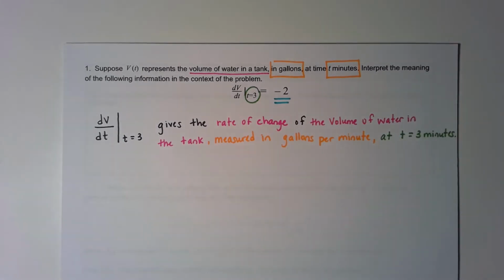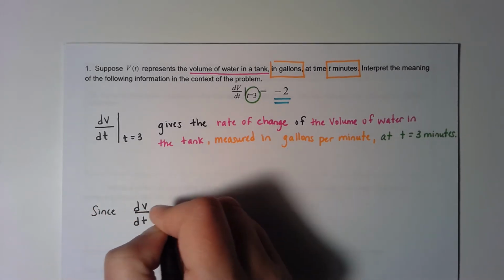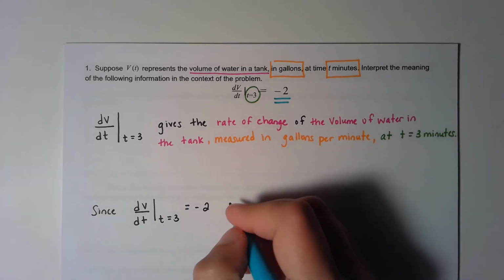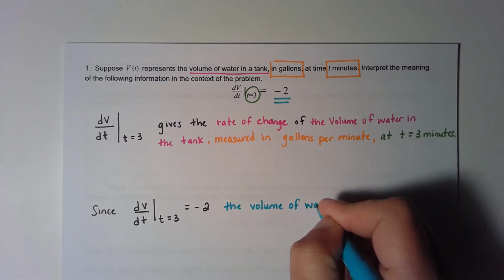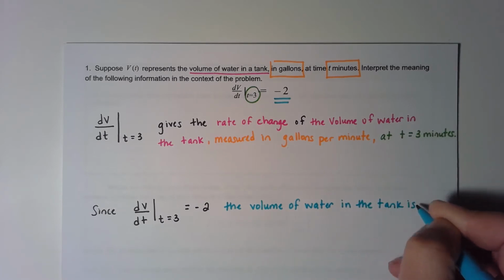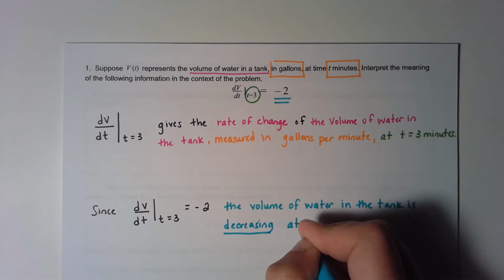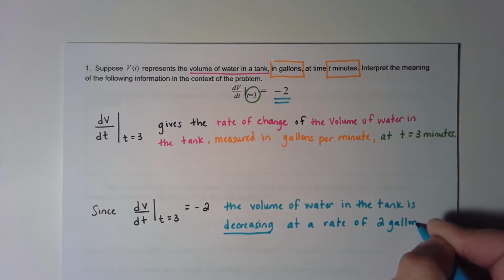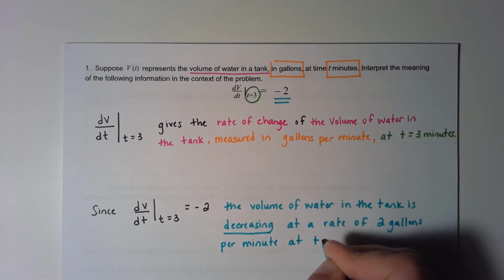We would say, since dV over dt evaluated at t equals 3 is equal to -2, the amount of water, so the volume of water in the tank is decreasing at a rate of 2 gallons per minute at t equals 3 minutes.